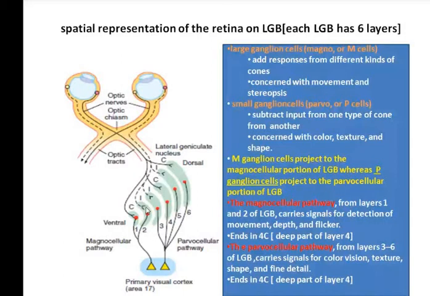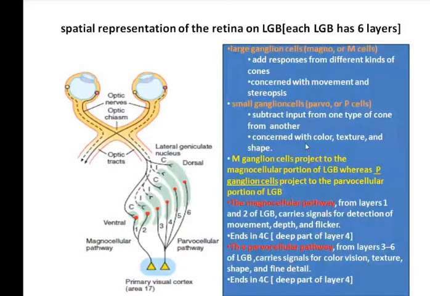The question is asked like this: the magnocellular pathway is mainly concerned with movement, depth and flicker, but the parvocellular is mainly concerned with color vision, texture, shape and fine details. So this pathway is responsible for this type of vision, and this one for that type. Am I clear?